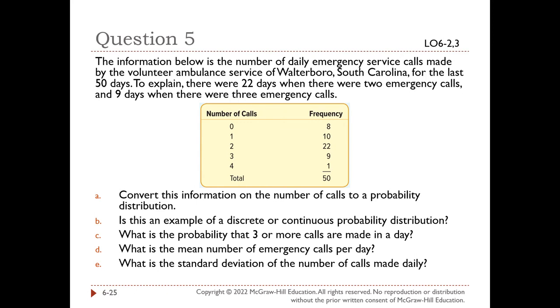The information below is the number of daily emergency service calls made by the ambulance service of Waterboro, South Carolina, for the last 50 days. To explain that, there were 22 days where there were 2 emergency calls and 9 days where there were 3 emergency calls.